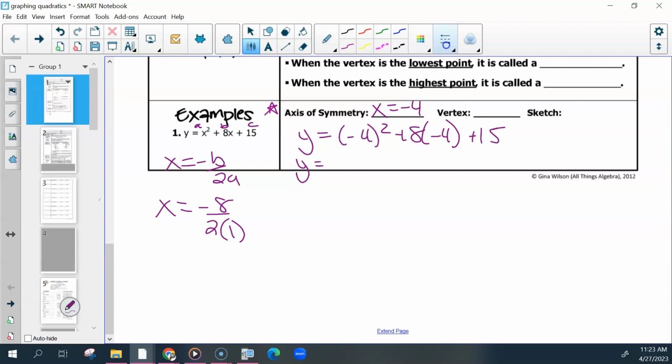If you were looking at me, you need to be calculating this. Negative 3. Double check that because I don't think that's right.